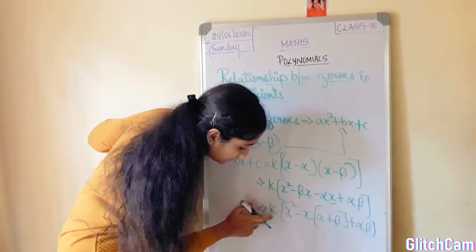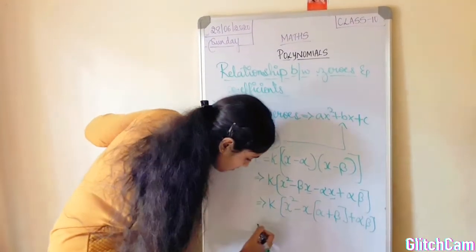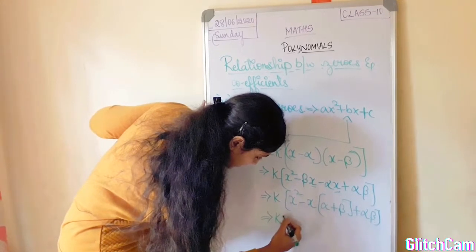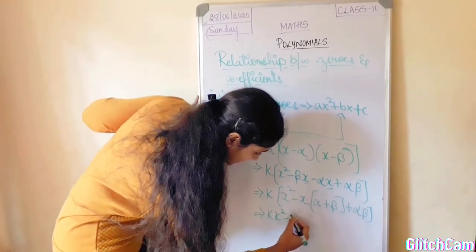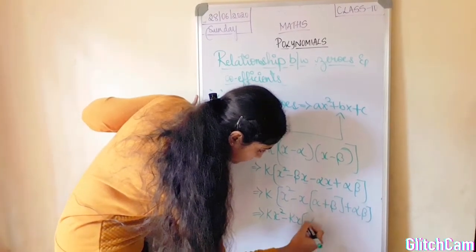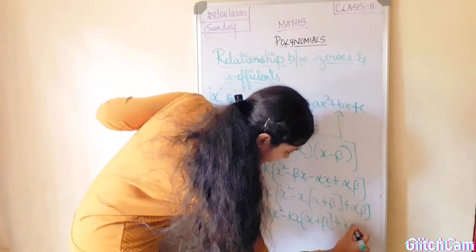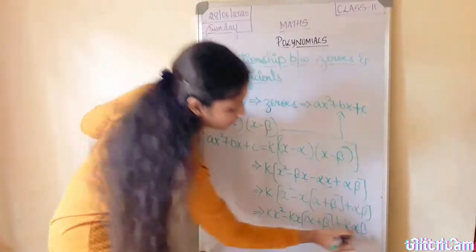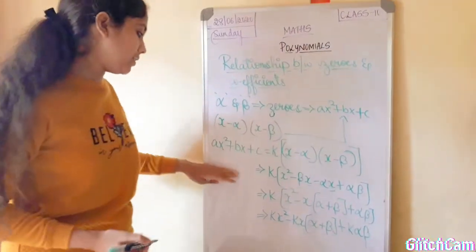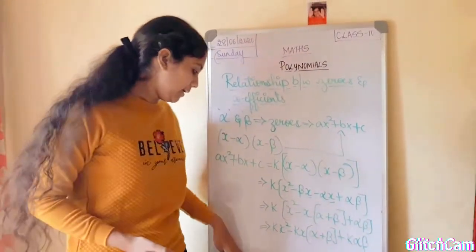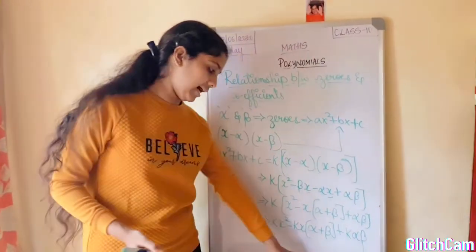Now multiply this k with all these terms. What you get? k x square minus k x of alpha plus beta plus k alpha beta.